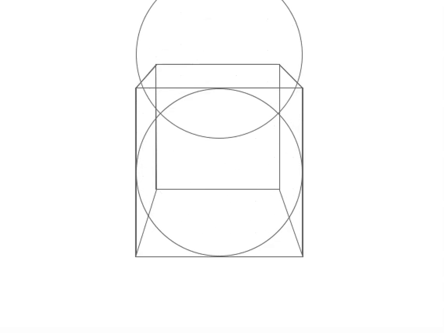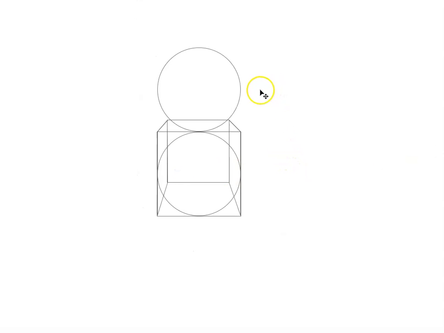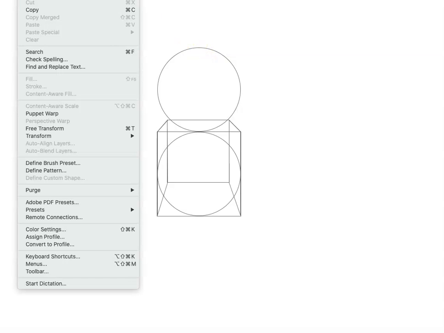Let's just raise this circle up. And we'll zoom out a little bit. So we need to make this circle fit into this plane here. To do that, we have to shorten it quite a bit. So we're going to be foreshortening it. Let's go ahead and do that.